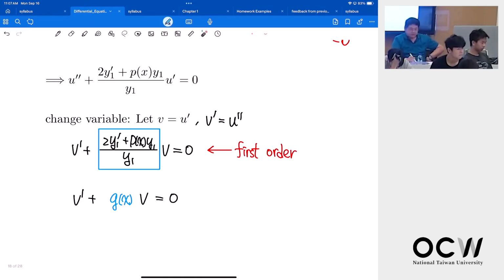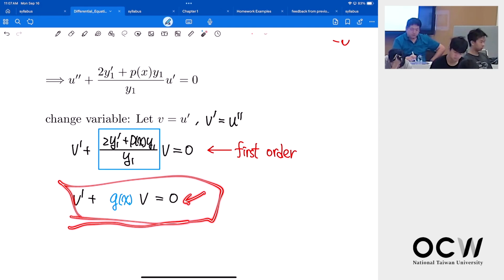Since this is a first order differential equation, what type of ordinary differential equation is it? We have three regular types and also another three special ones. So what is the type of this differential equation? It's separable or linear, right?